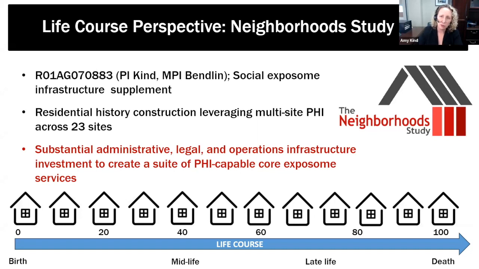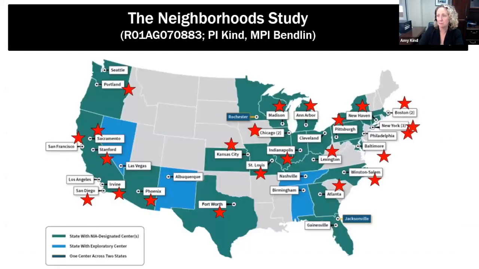The foundation that we are building with these studies, by building these retrospective geospatial frameworks for every individual who's involved, both living and dead, allows us to also build research infrastructure that can be harnessed for other types of exposure linkage, especially exposome exposure linkage, in the future.